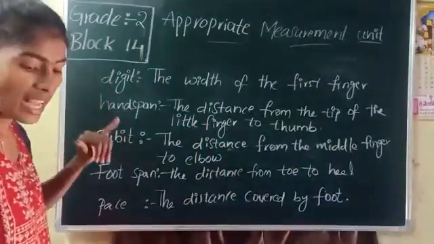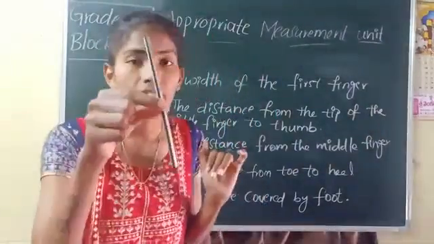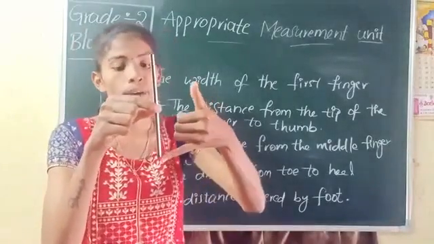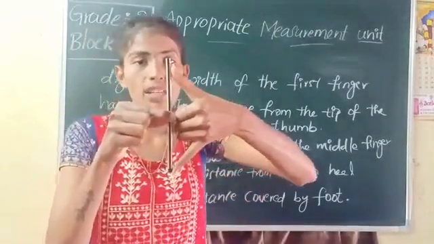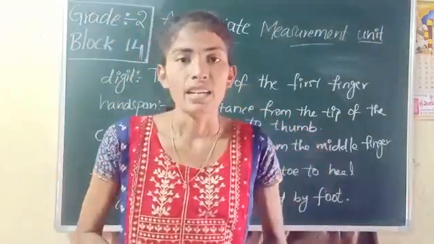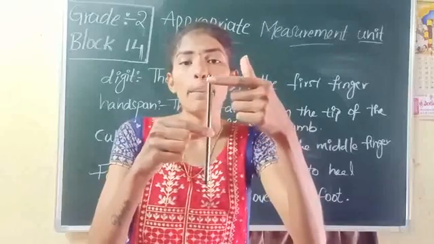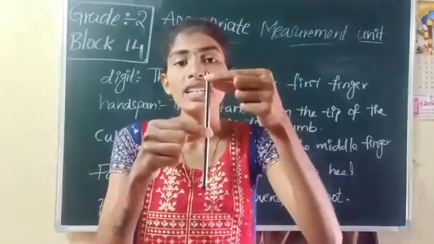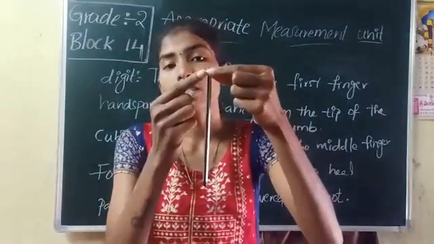If I ask you to measure this pencil with your hand span, can you measure, children? Yes, we can measure like this by using our hand span. And also we can measure the pencil by using your digit. Digit means the width of the first finger.